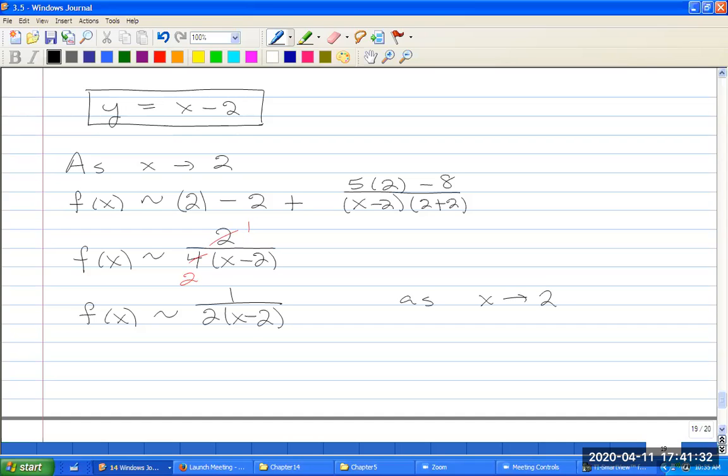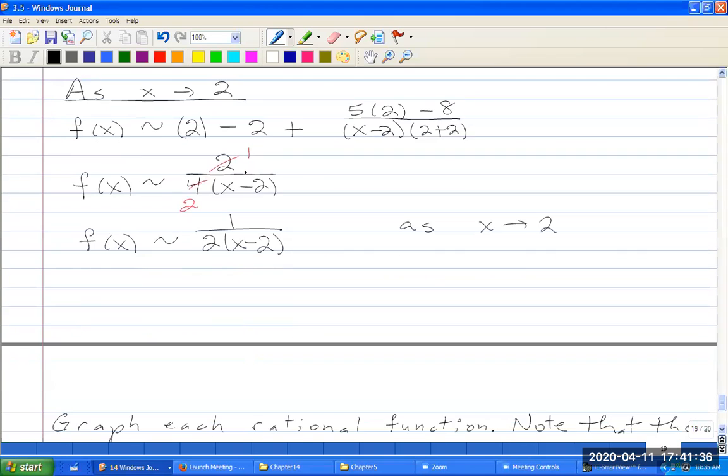Let's look at what happens as x approaches negative 2, your other asymptote. This is what happens near the vertical asymptote at 2. Let's look at what happens near the other vertical asymptote.